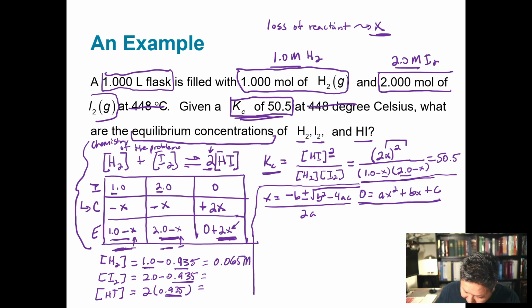So don't forget your M for molar, right? We'll do the same thing again, except this time it's going to be for I2, which is going to be 1.065 molar. And then we'll do 2 times 0.935 for the concentration of HI, which equals 1.87 molar.